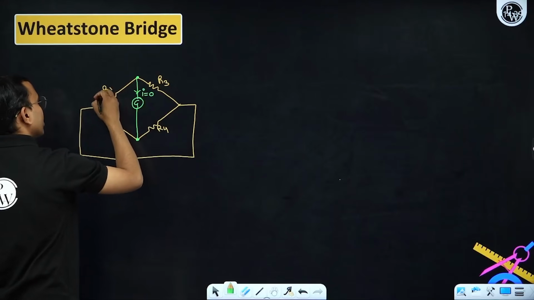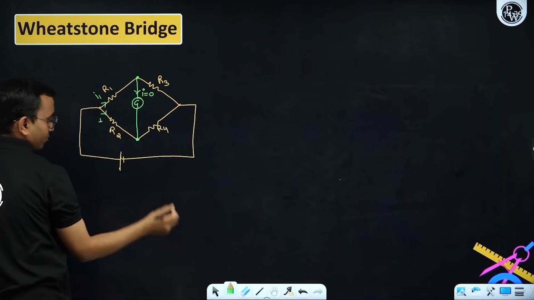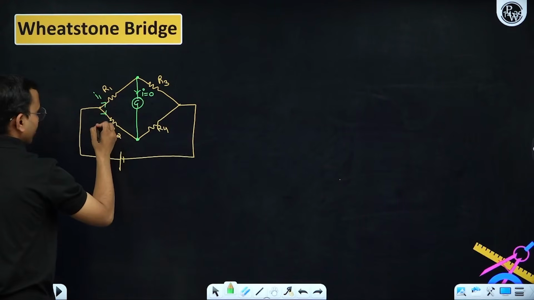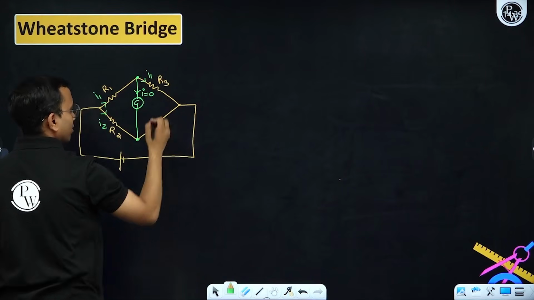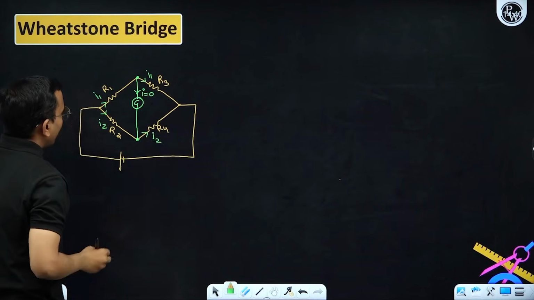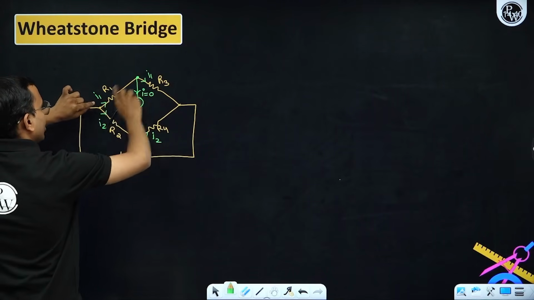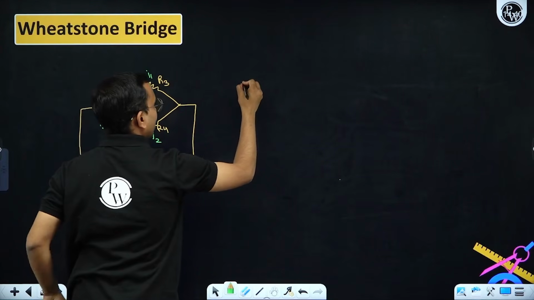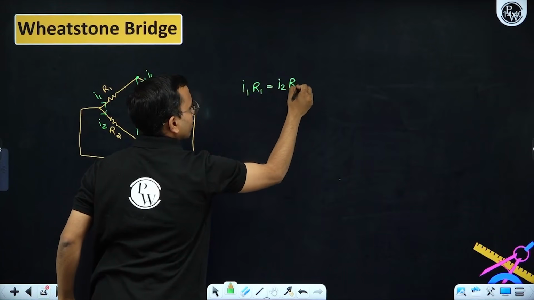I am considering this current to be I1, this current to be I2. So if this current is zero, this will be I1, this will be I2. Here these 2 points are having same potential, so this drop is equal to this drop, so I will say I1 R1 is equal to I2 R2.